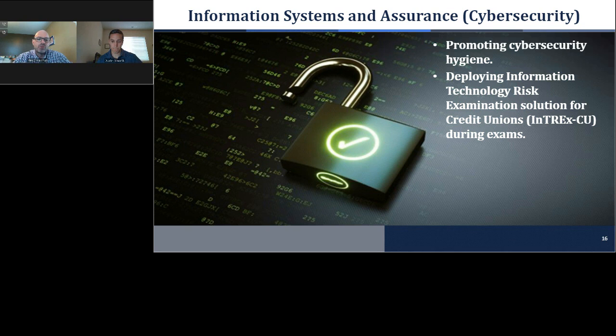That ASET tool, the ACET, will become for us a self-assessment resource for credit unions that we will support. And so additional information, obviously, on our website in our cybersecurity resources area will address that.